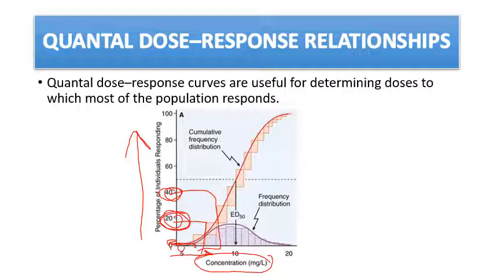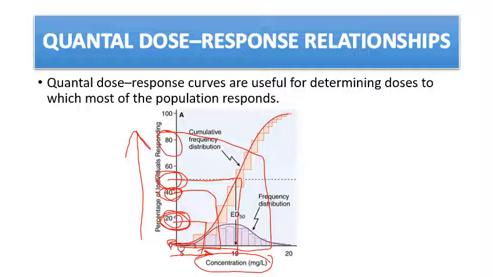At concentration 10, for example, we will see that 50%, or 50 patients from the total of 100, will respond to this concentration. As we increase the concentration, the number of responders will increase until we reach 100.